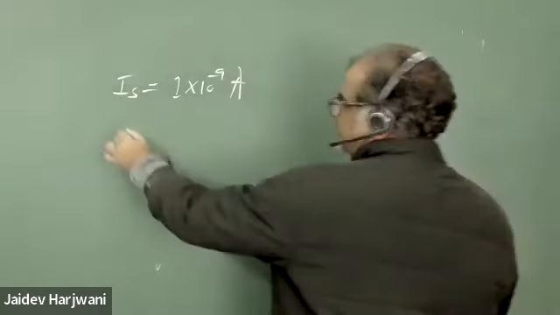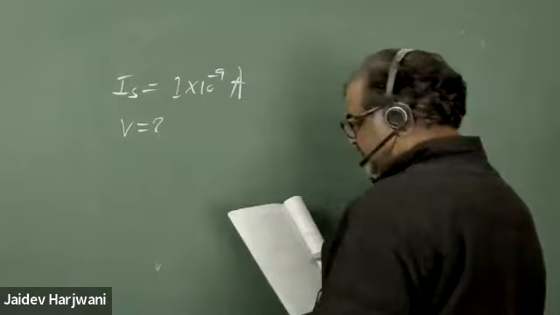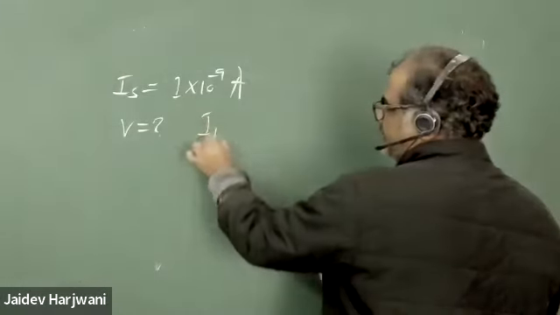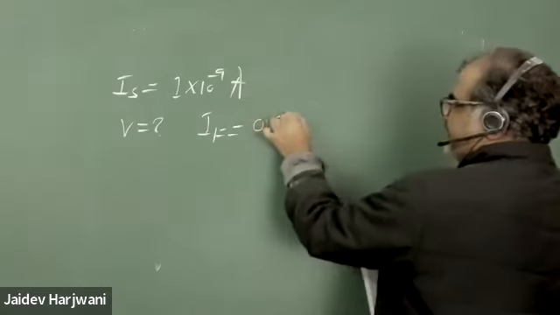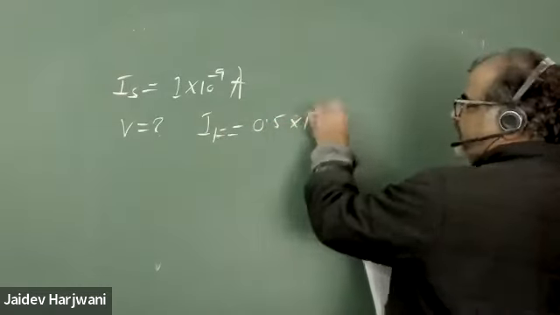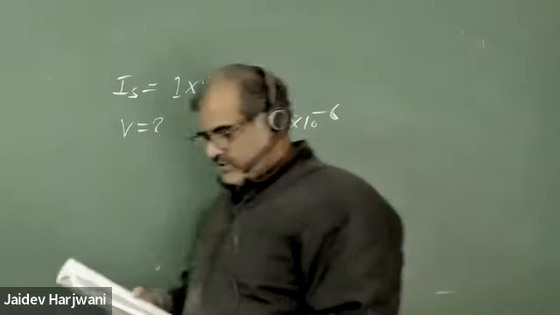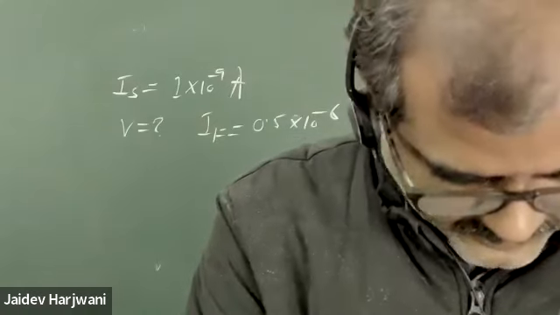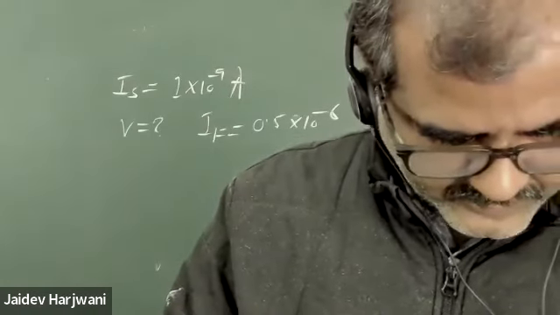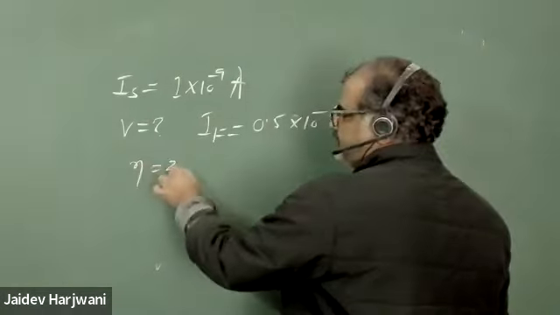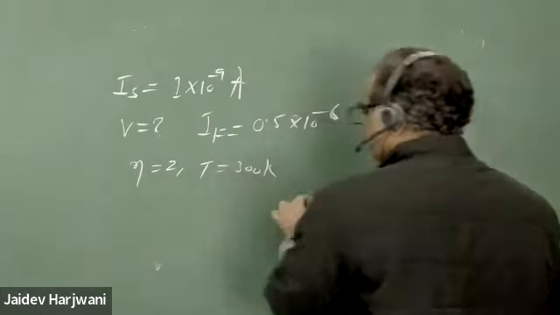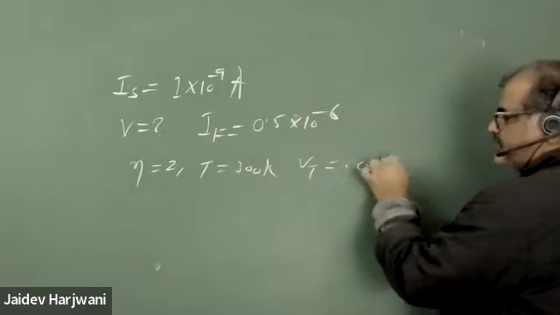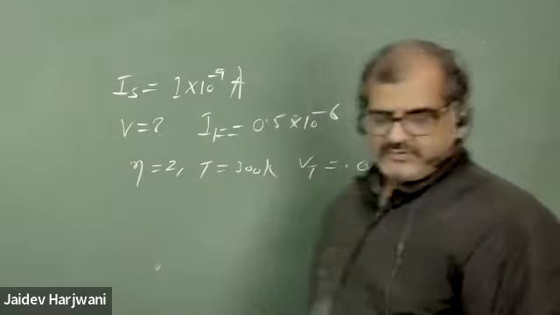Find the applied voltage for which a forward current I is equal to 0.5 microampere, that is 10 to the power minus 6. Eta value is given as 2, temperature is 300 Kelvin, so you can take Vt equal to 0.026 volt. Find the voltage.